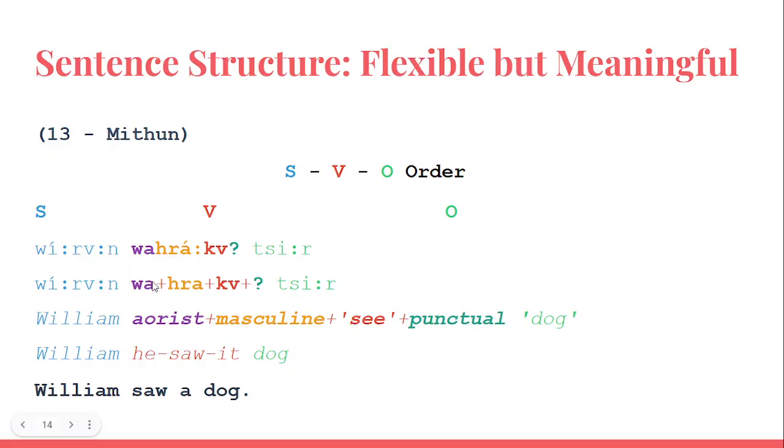So, wa is their version of the aorist. I have also seen this for objects. Like there's an example, wakit kane, which means I chase it, and that wa is used in that aorist position.